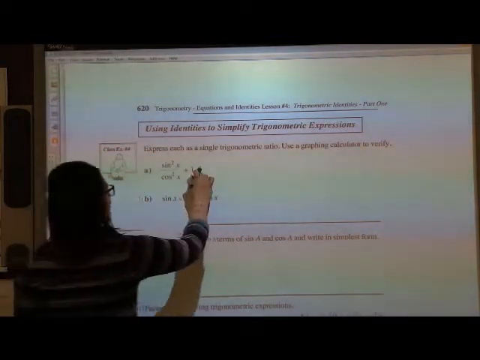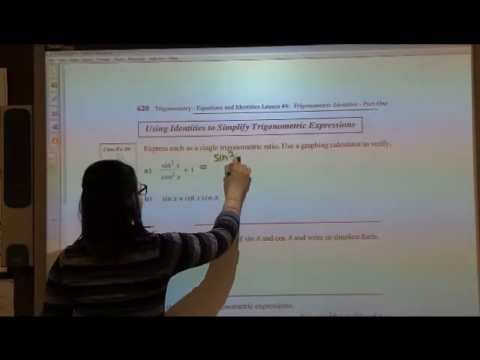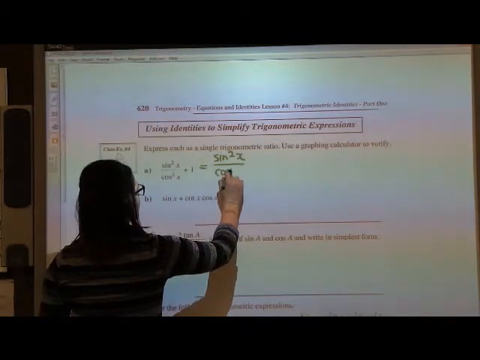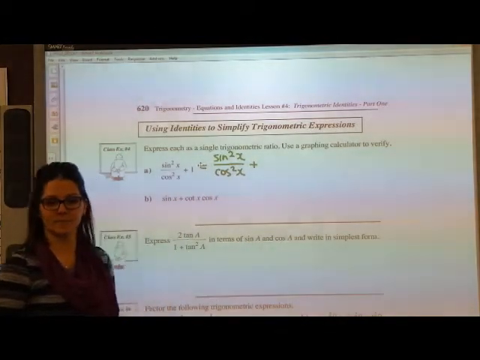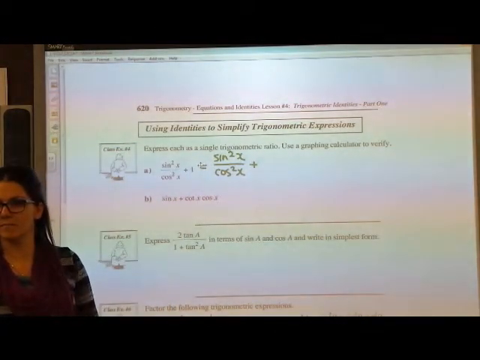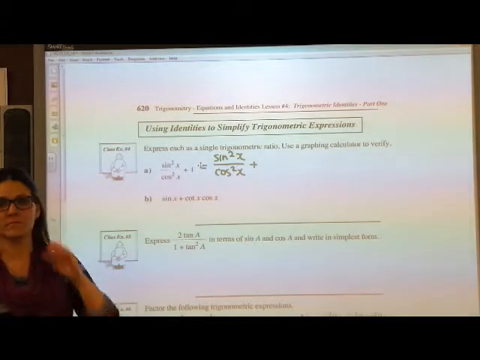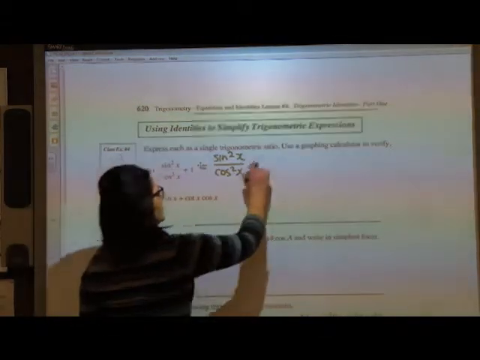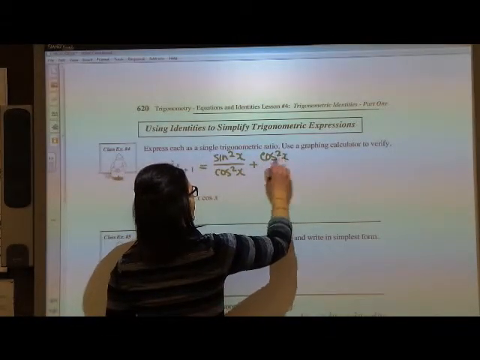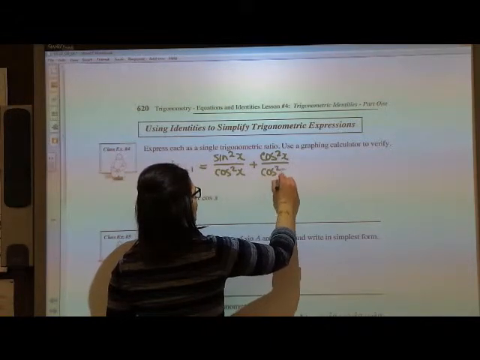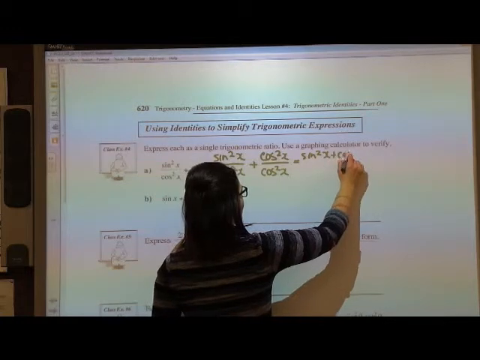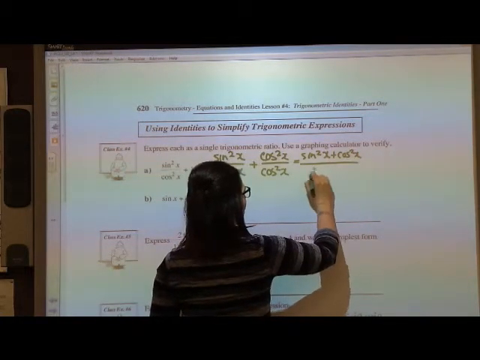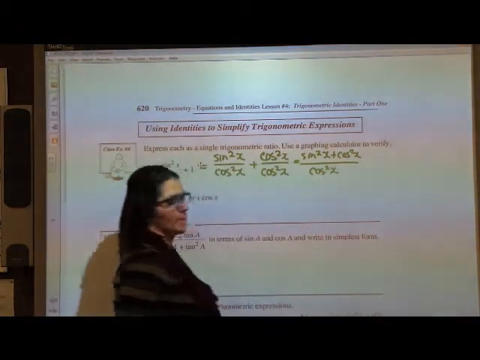Cos squared x. So I change 1 into cos squared x over cos squared x. Now I've got sine squared x plus cos squared x all over cos squared x.